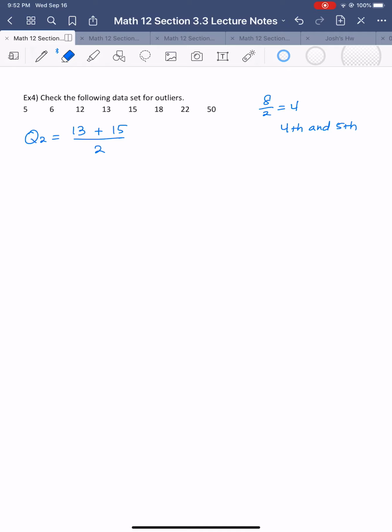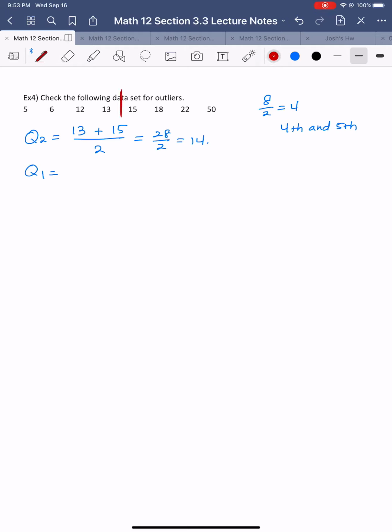So you get 28 over 2, which is 14. Now Q1 is found by dividing this set into exactly halves.